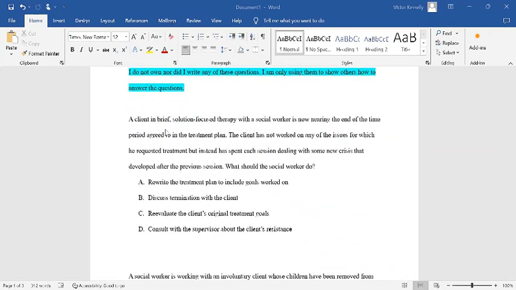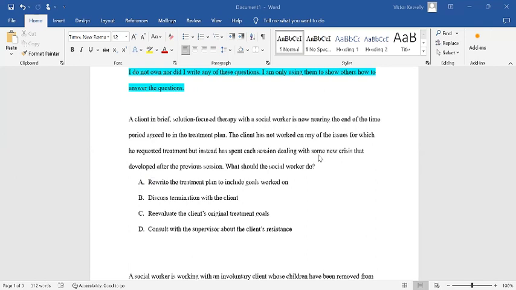There's a client in brief solution-focused therapy with a social worker, now nearing the end of the time period agreed to in the treatment plan. The client has not worked on any of the issues for which he requested treatment, but instead has spent each session dealing with some new crisis that developed after the previous session.